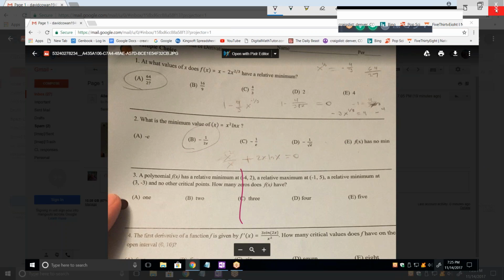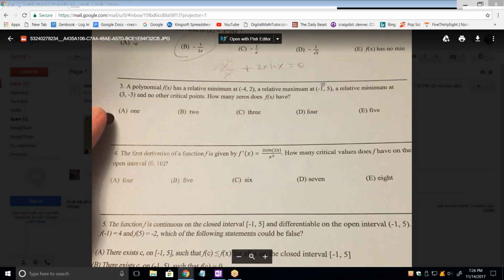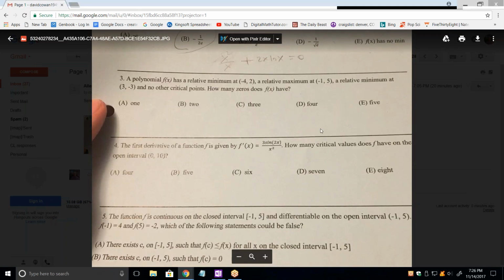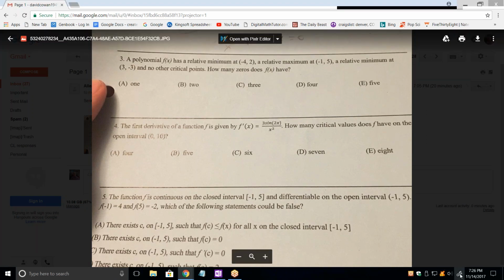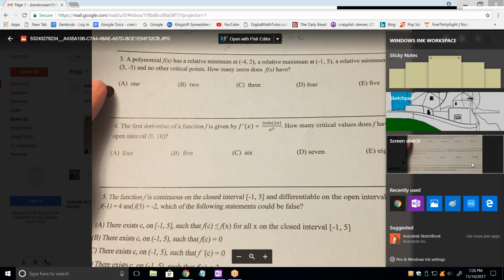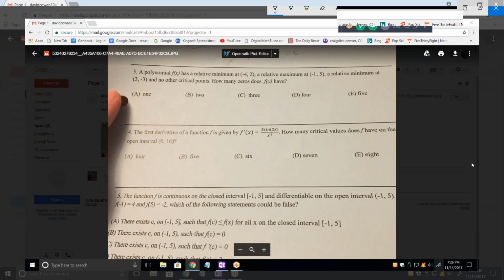Pull this up a little bit. Well, a relative minimum at -4, 2 means I have to have points doing that, at least.